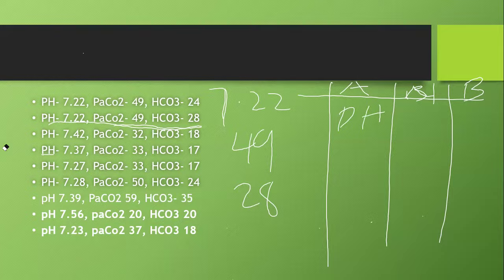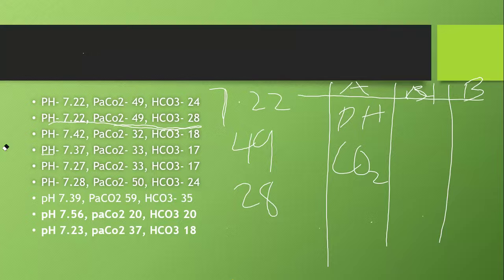Carbon dioxide is 49. Is it acid or base? Acid, right? Now, bicarbonate is 28. Is it normal, acid, or base? It's a base, because it is more than 26.